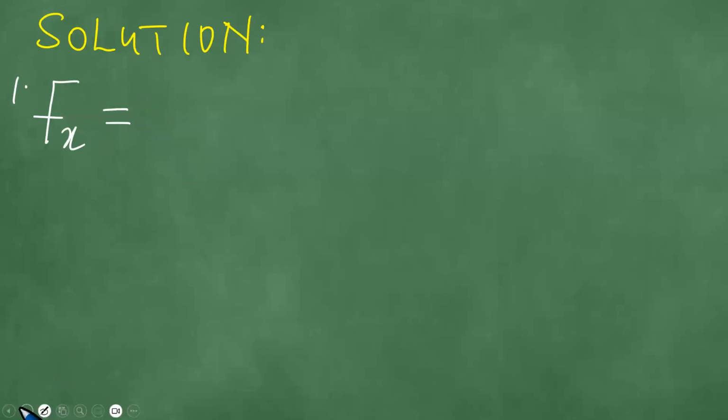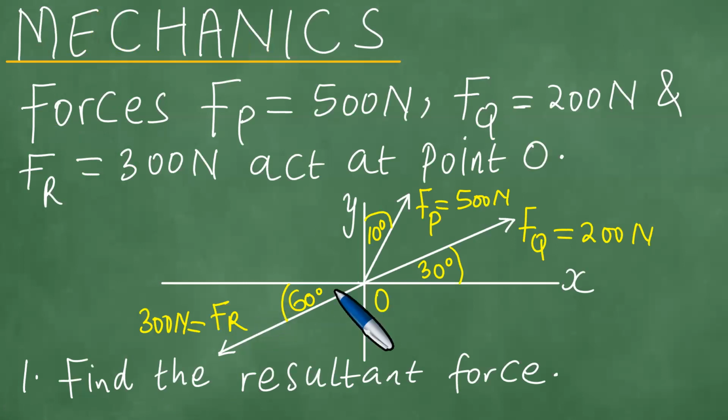So now looking at this, we can see that there's P with a particular angle relative to the y-axis. It's actually clearly 10 degrees, but relative to this positive x-axis, it is 80 degrees.